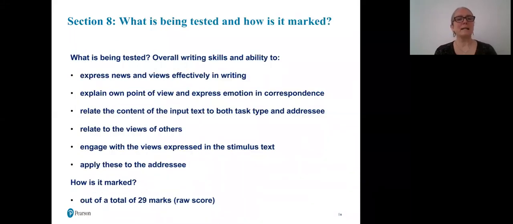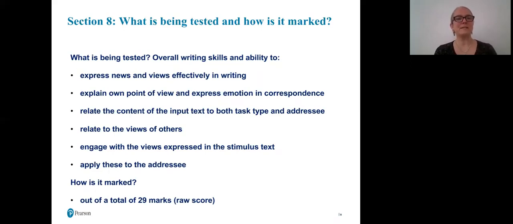So what exactly are we testing on this task? We're assessing the test takers' overall writing skills, as well as their ability to express news and views effectively in writing, to explain their own point of view and express emotion in correspondence, to relate the content of the input text, that's the test text from section 7, to both task type and the addressee, to relate to the views of others, to engage with the views expressed in the stimulus text, and then to apply these to the addressee.